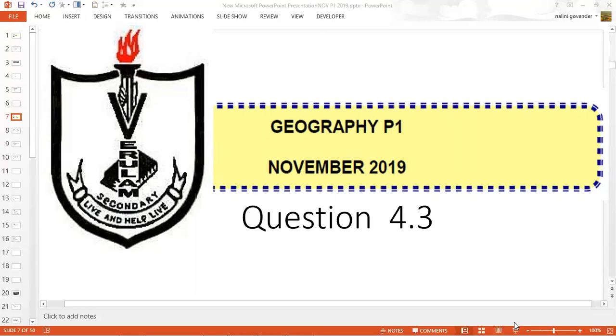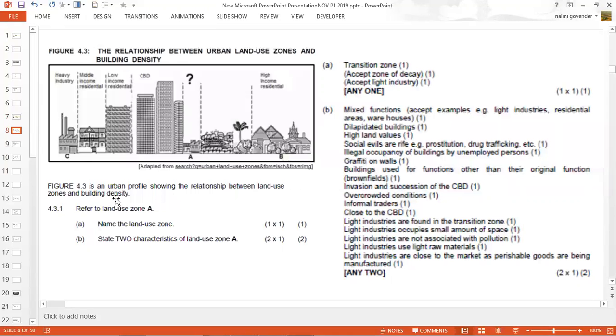Right, question number 4.3. It talks about the relationship. Let me put my pointer here for you quickly. We are speaking about the relationship between urban land use zones.